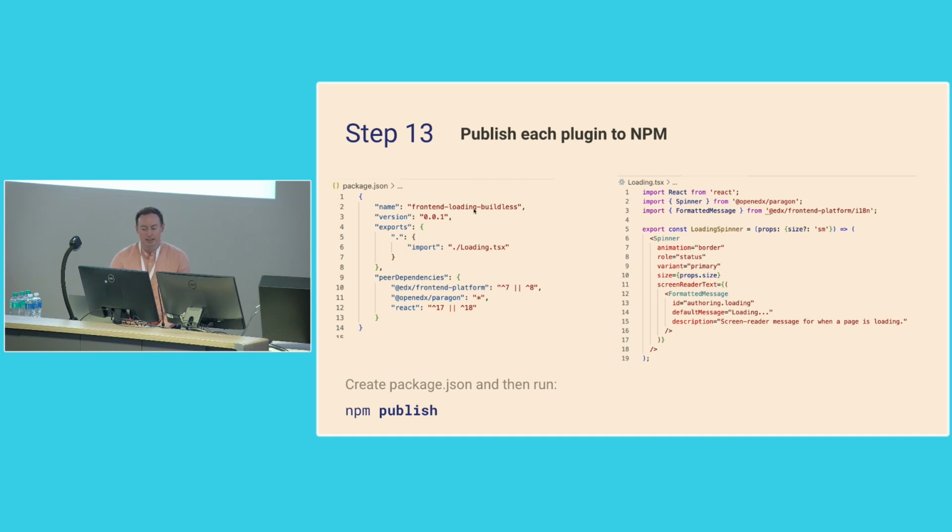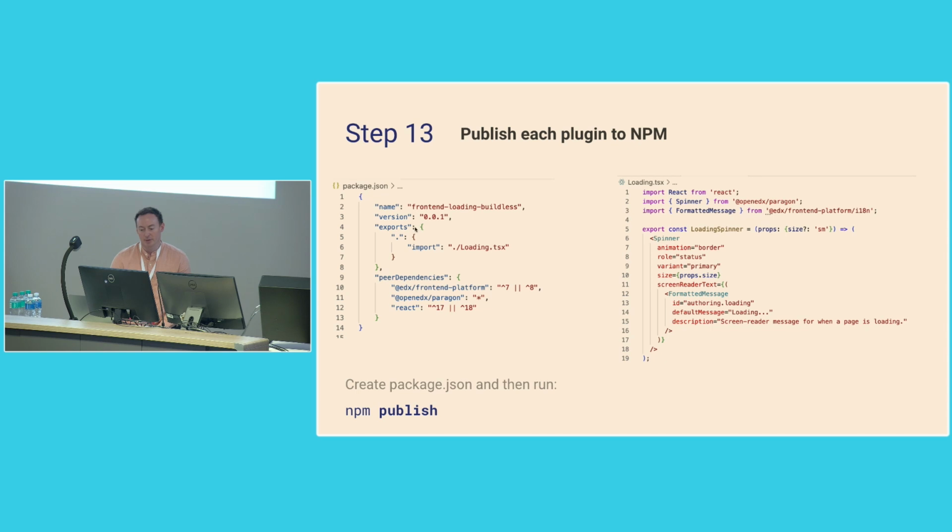Give your plugin a name. Again, this is from a different talk, so it's not a great example, but you'd probably want something like my company plugin 1 or whatever, and then give it a version. This is the new package JSON format.